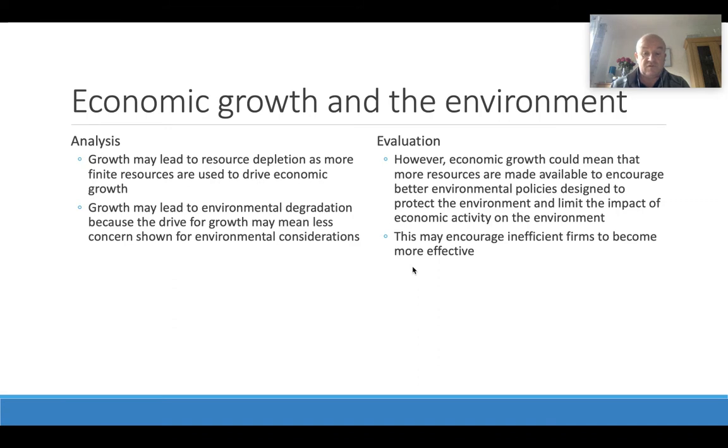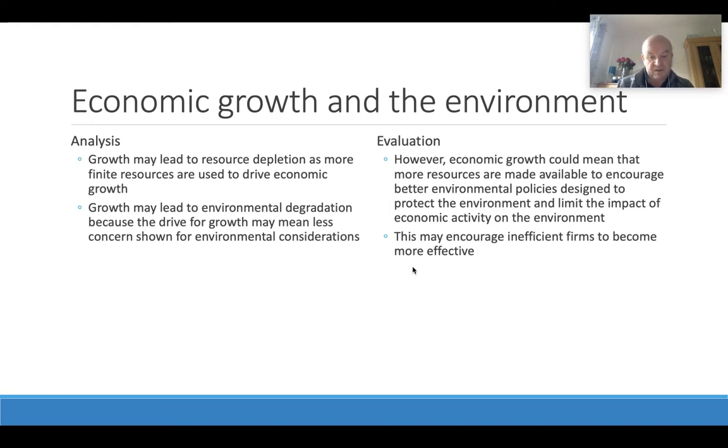However, one could argue, if we were going to evaluate that and give some balance to it, that if the economic growth rate is high, governments, through their tax collection, could choose to employ more resources to encourage better environmental policies designed to protect the environment and limit the impact of economic activity on the environment.